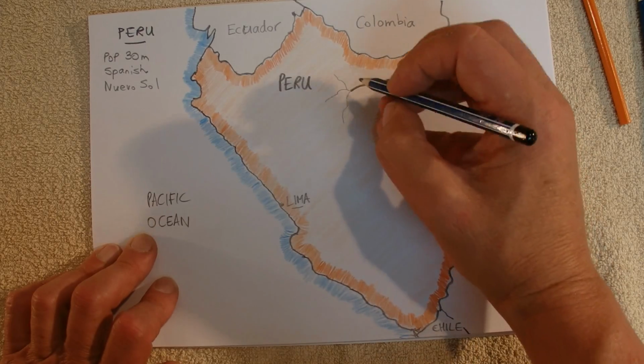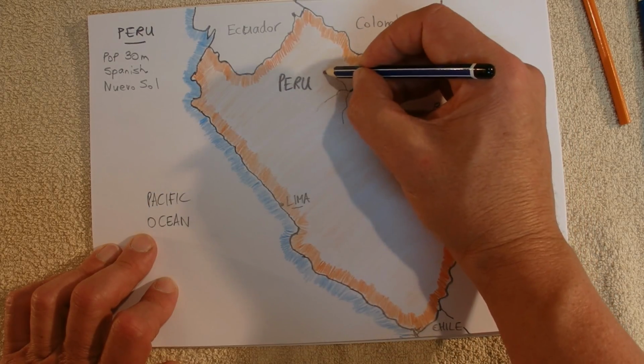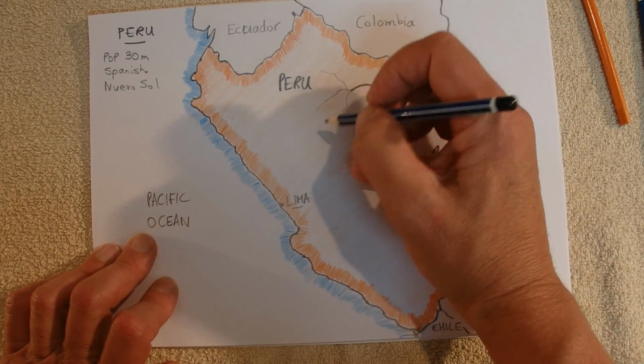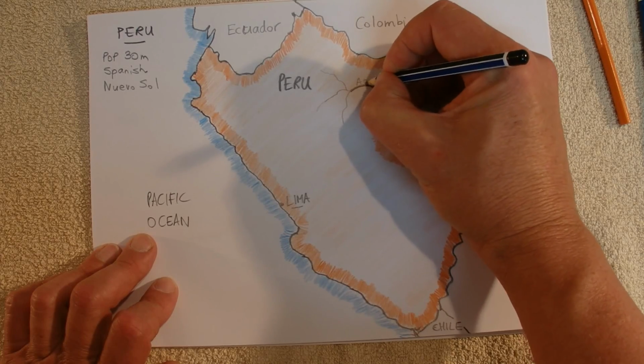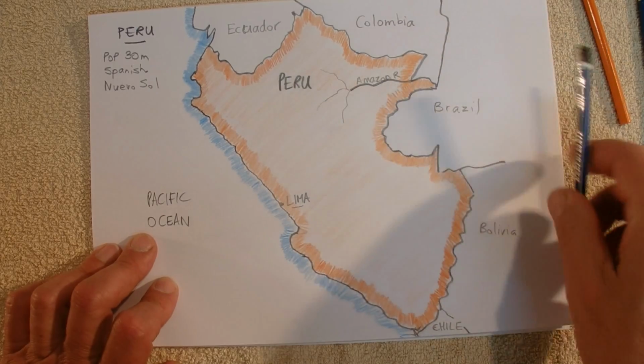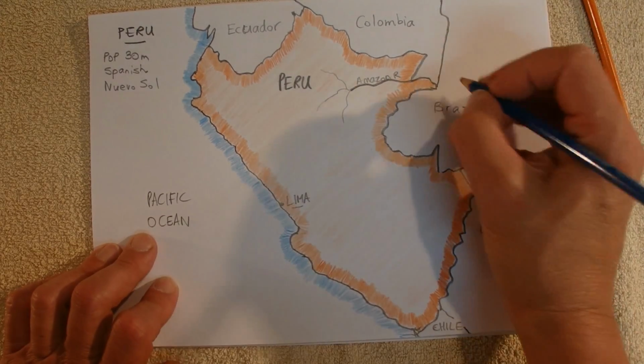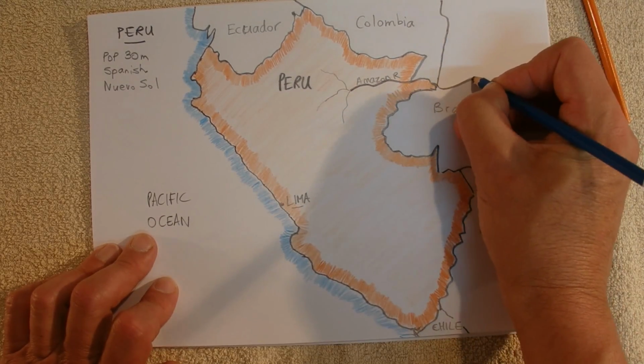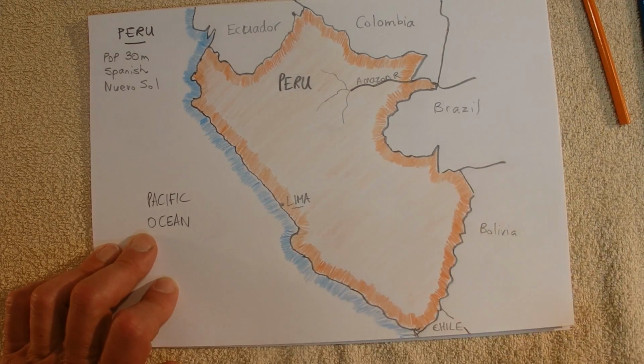It's kind of like your blood veins in a way. It's all the little rivers all feeding into the Amazon, and I'll just write Amazon River there, and that obviously keeps going on then through into Brazil.